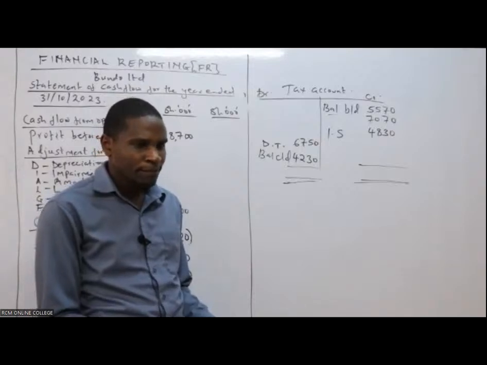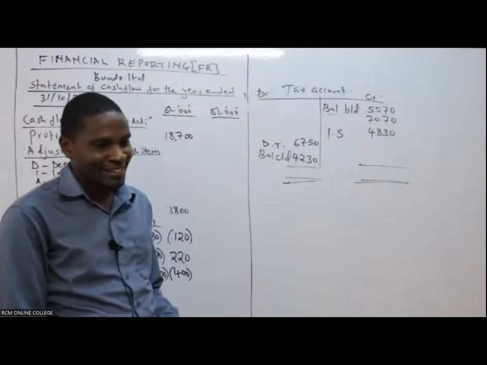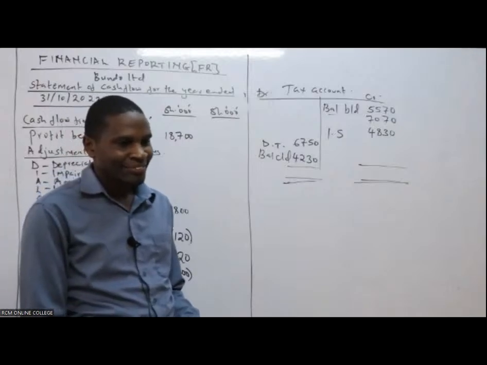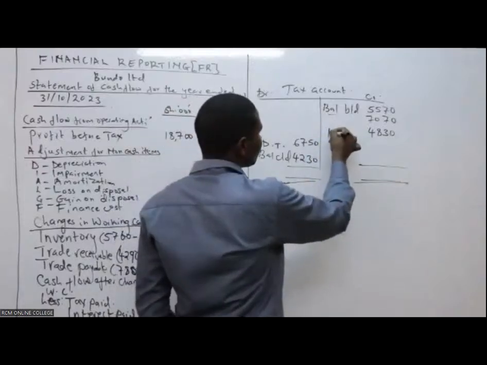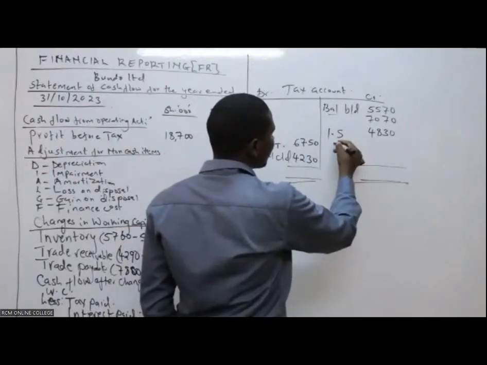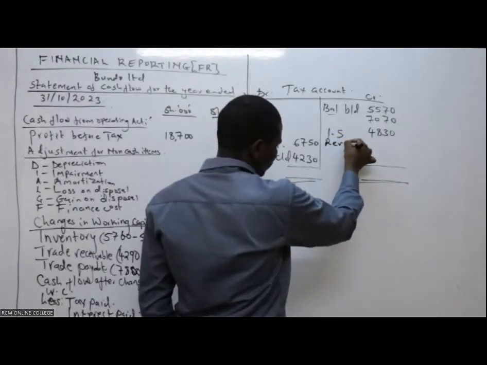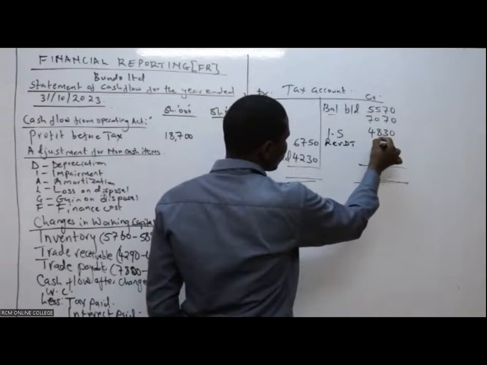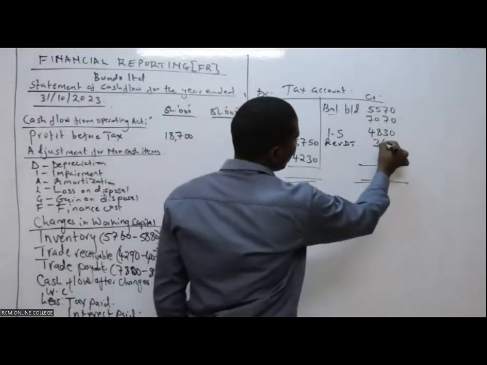Aha, 360. Ambiwa we credit under deferred tax. Ili sasa tupate the tax paid. We can call it what? On revaluation, there was deferred tax of ningapi? 360. Yes, 360.